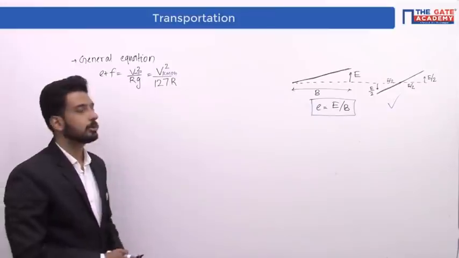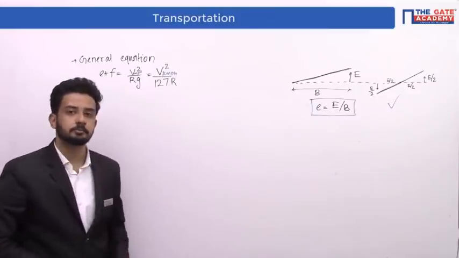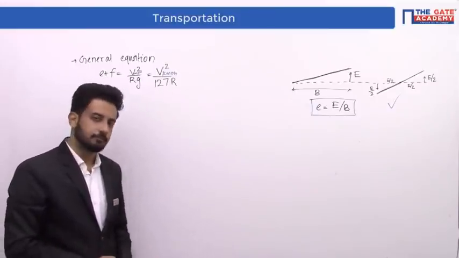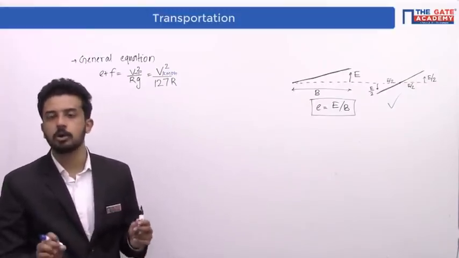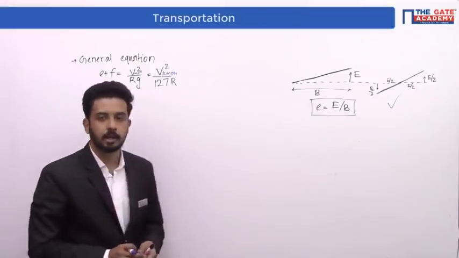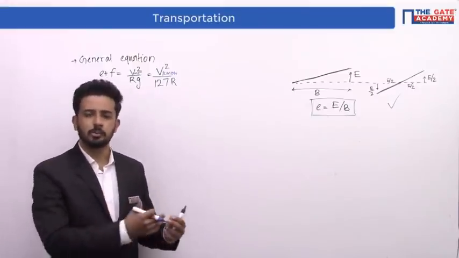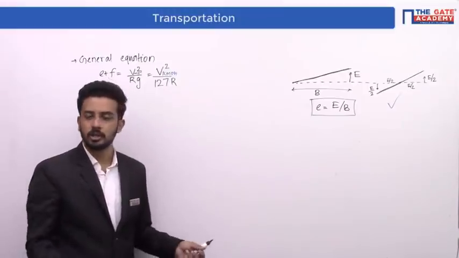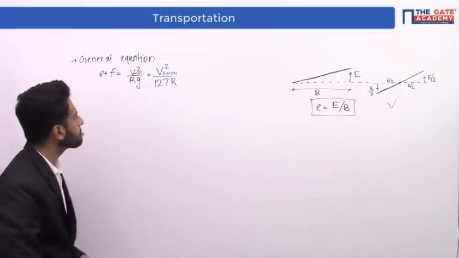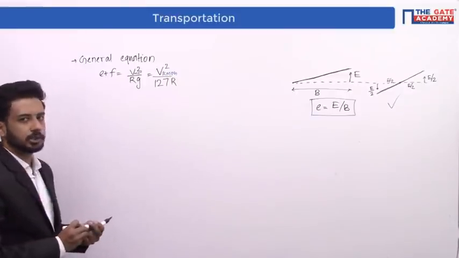I will recommend you to remember this equation. Why? Because you can directly apply it. Definitely in the question, they will be giving the value in kilometer per hour only. So directly we can apply. No need to convert into meter per second again and divide by 9.81. No need to waste your time. So that is the general equation.